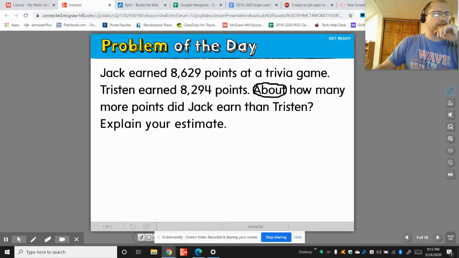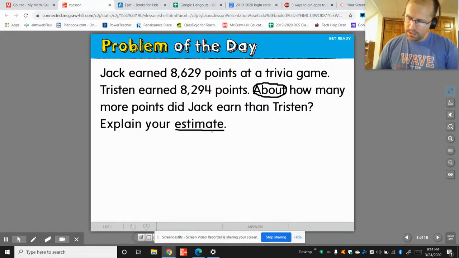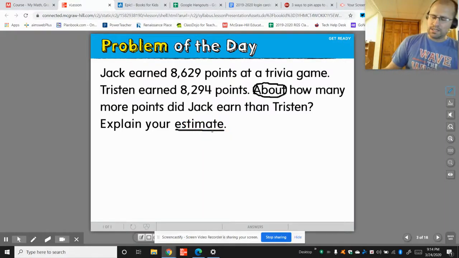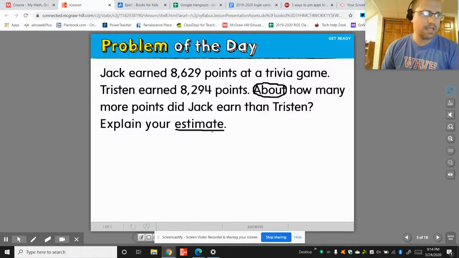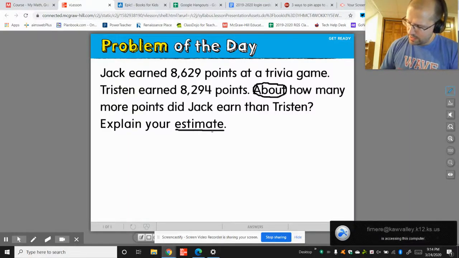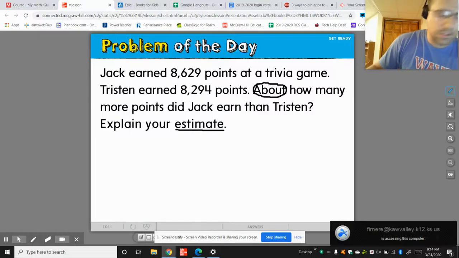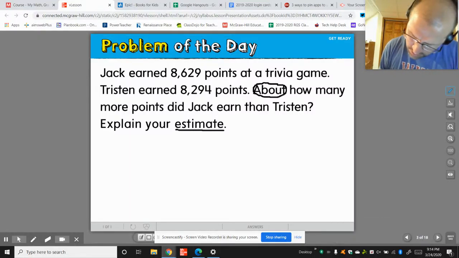So since it says about, plus it also says explain your estimation at the bottom, that means we need to estimate both of these totals. So what I think would be best for us to do is actually to round in the hundreds. So let's do that.